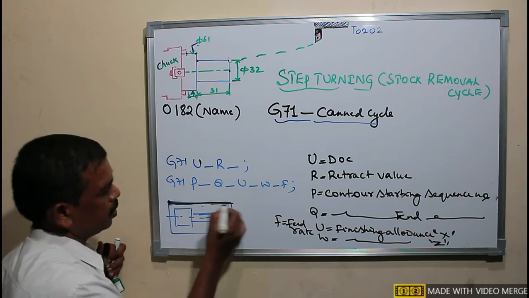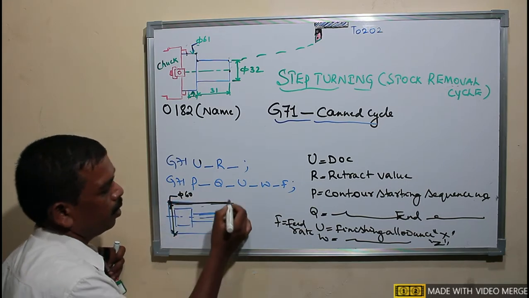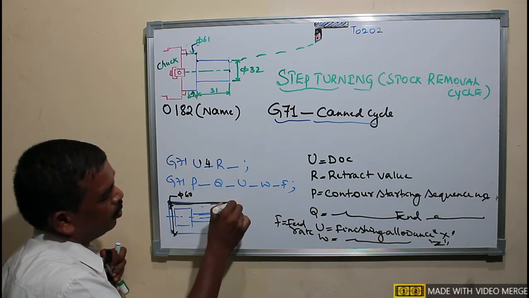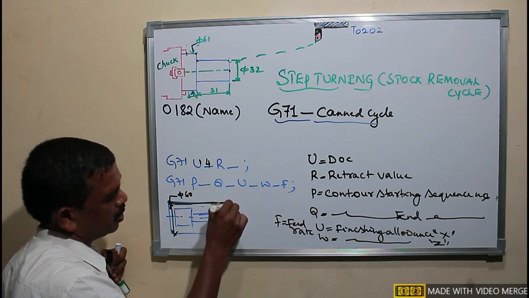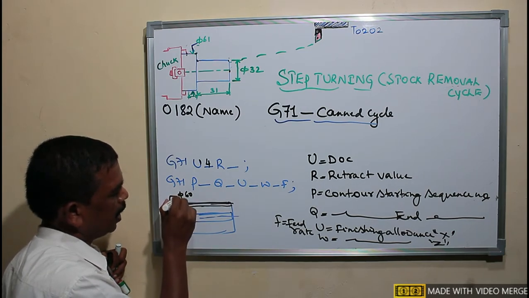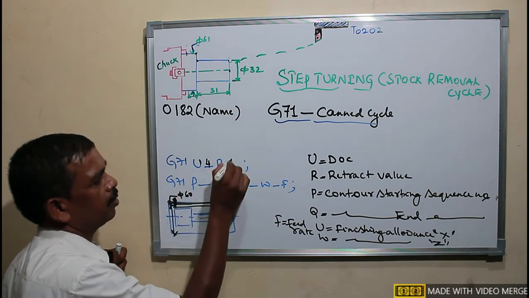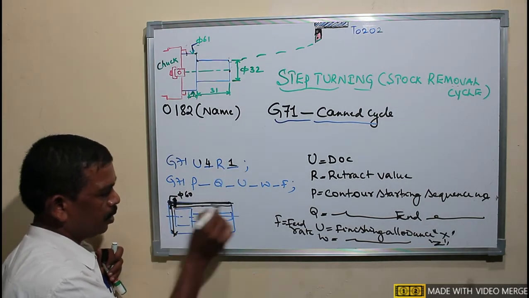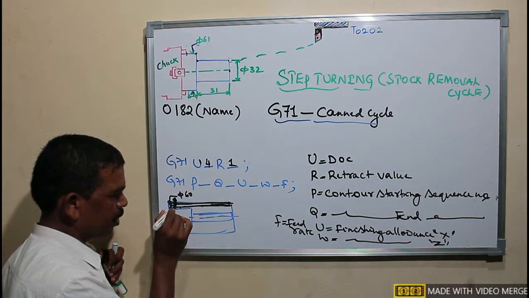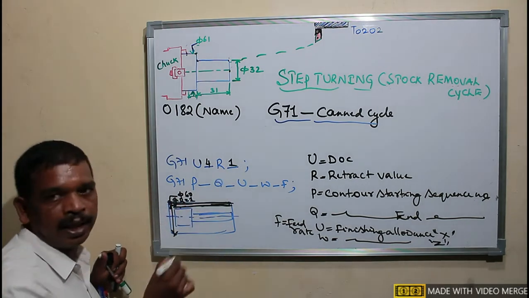For example, the raw material size is 60 mm. For one pass, if I write 4 mm, the cutting tool will move 4 mm from this surface and remove the material, and again it will go back a certain value. This is the retract value. If I write 1 mm, the tool will go away from the surface of the work by 1 mm.